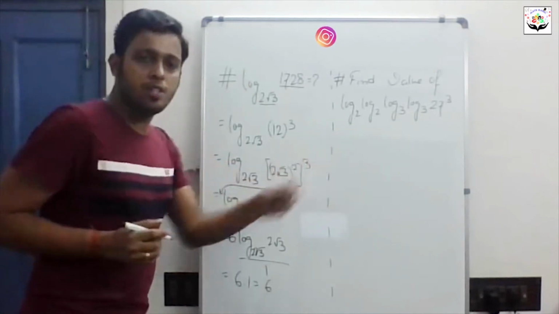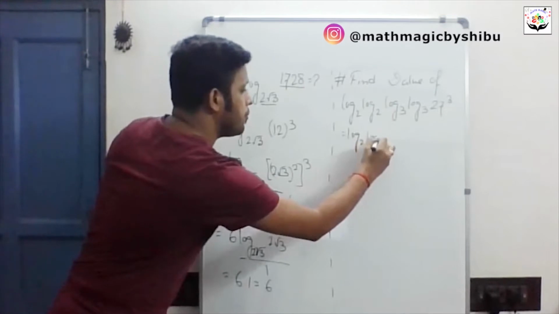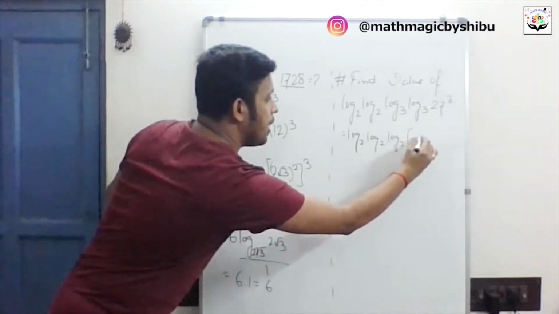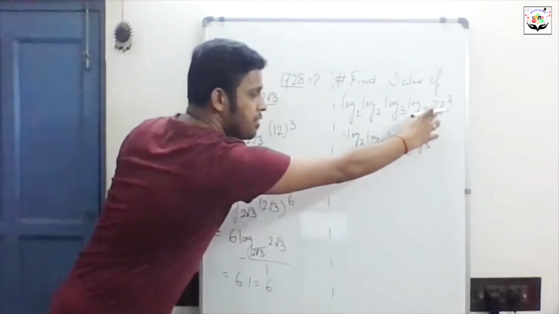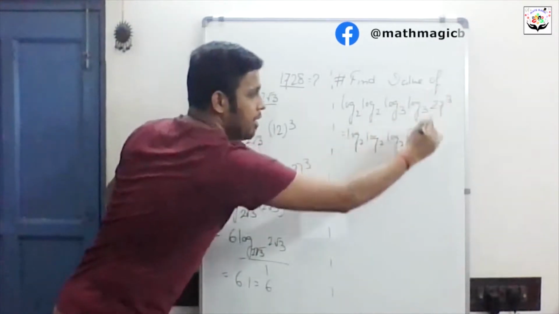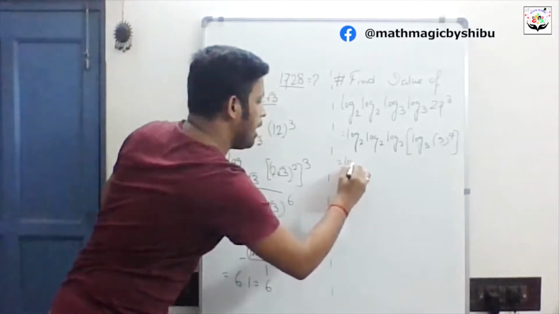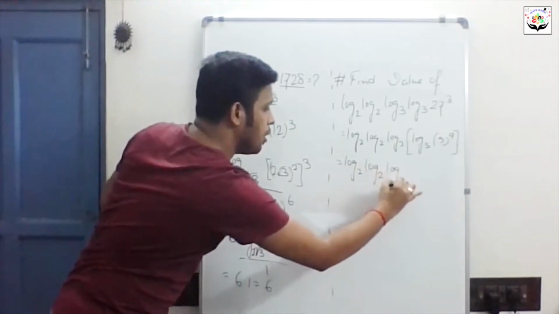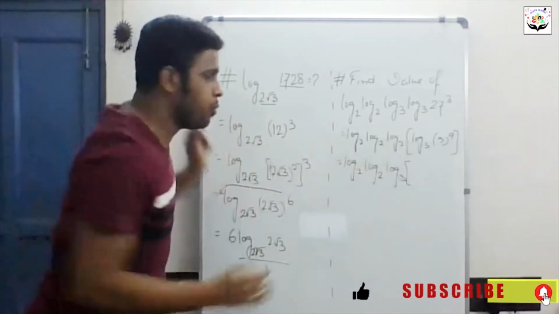Now let's jump to this problem. As we know, we will solve step by step, right? We can represent 27 as 3 cube. So it will become 3 to the power 9. Log base 3 of 3 to the power 9, 9 will come in front as the coefficient.